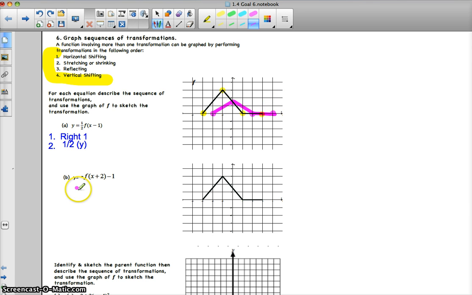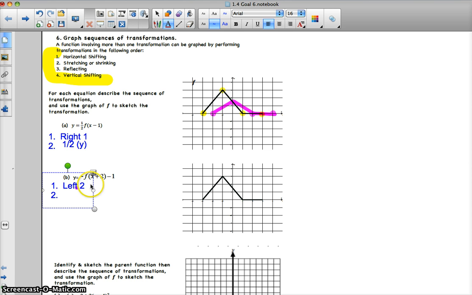With example B, I notice that I have 3 transformations. Transformation number 1 is inside parentheses. It's +2, so that's a horizontal shift to the left. So we'll travel left 2. Transformation number 2 is the negative being multiplied by f of x. Remember, that's a vertical reflection because the negative is on the outside.